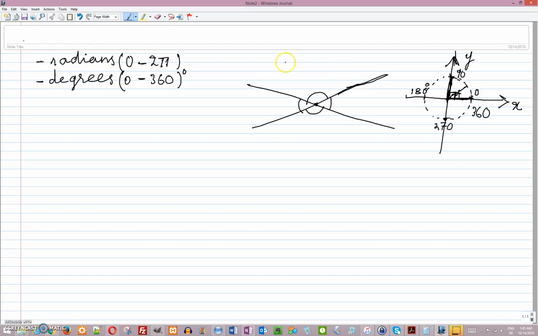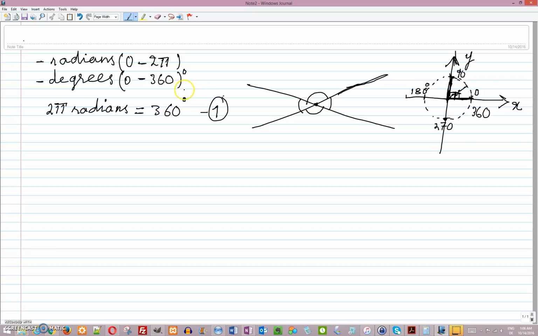And so according to our unit circle, 2 pi radians would be equal to 360 degrees. I call this equation number 1, and then we can use it in solving problems.